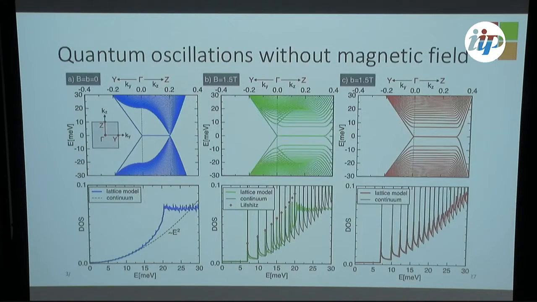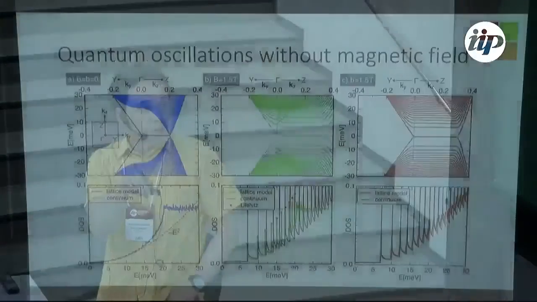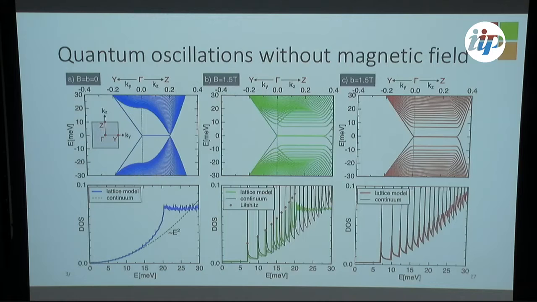Similar to the usual magnetic field, here's the numerical calculation in this plane geometry. We obtain Landau levels due to this pseudomagnetic field, and as a function of energy in the presence of a real magnetic field, you see these nice quantum oscillations. These black lines are the positions predicted from the continuum model, and the green curve is the numerical simulation.